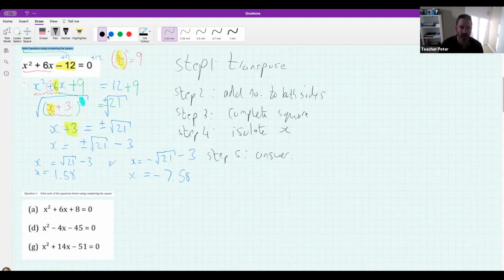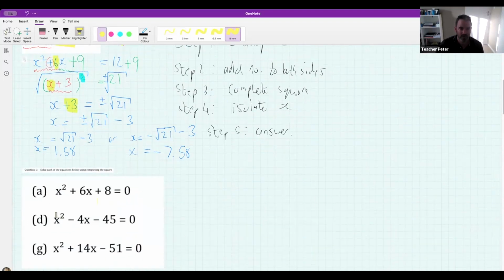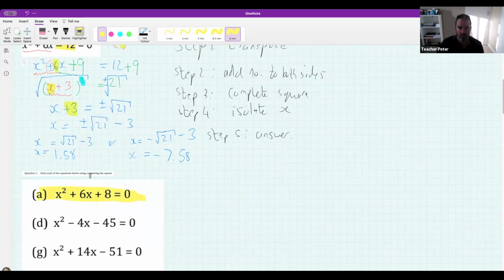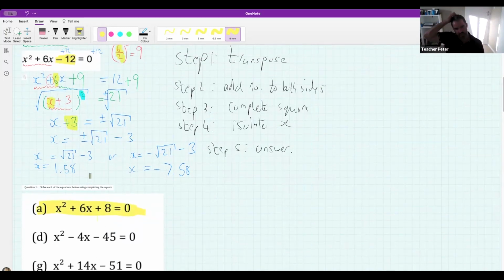Now I want you guys to try and solve for x by completing the square in this next example, and we are going to do this one. So over to you. Tell me what you get, or how would you solve for that value of x?